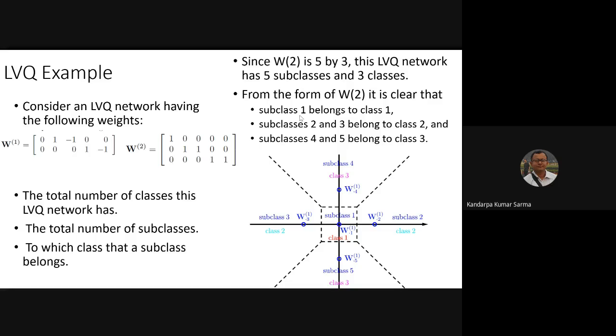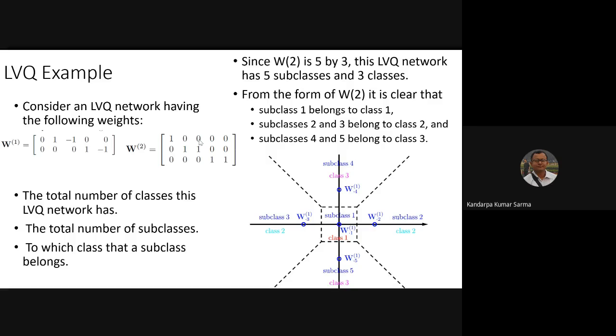Now subclass 1 belongs to class 1, and there's a reason behind it. We can find the difference between 0 and 1, so that shall be 1. Now if we have the subclasses 2 and 3, we will get a difference of 0 minus 1 minus 0 and minus 1 minus 0.